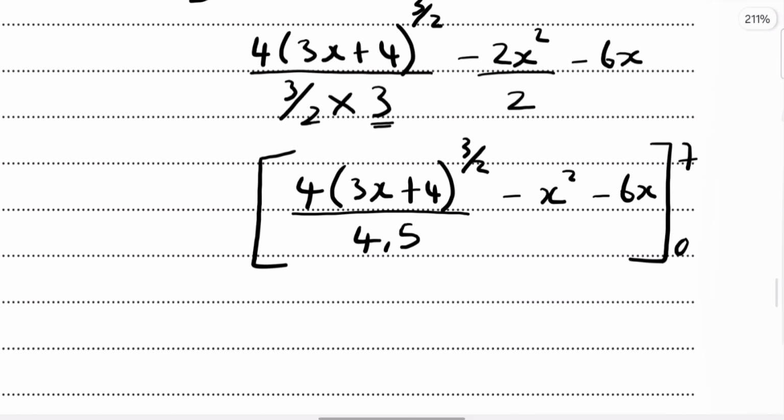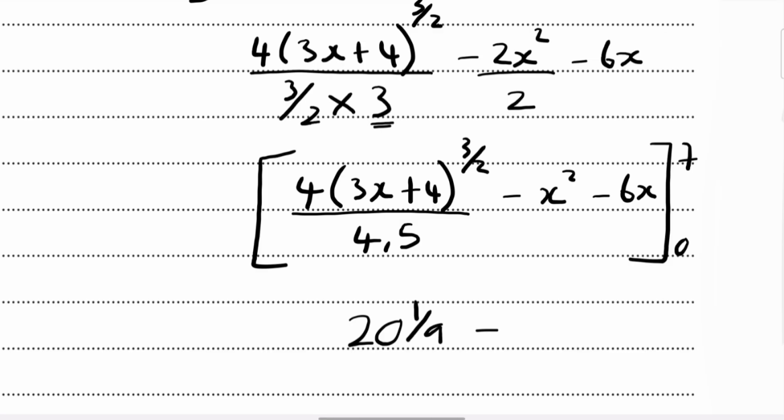Substituting 7, that's 8 over 9 times (21 plus 4) to the power 3 over 2, minus 49, minus 42. That's 20 and 1 over 9.